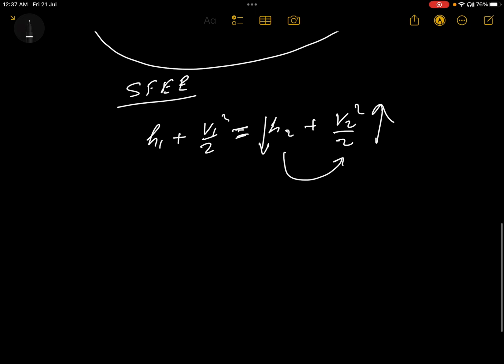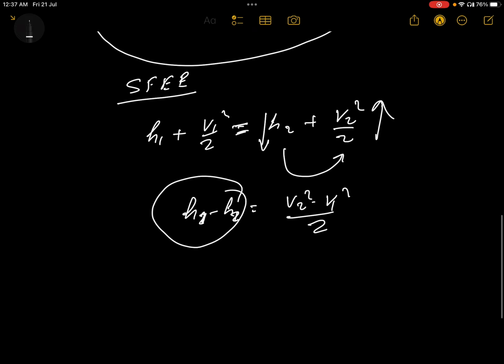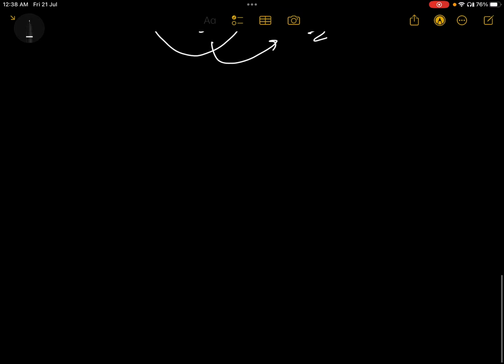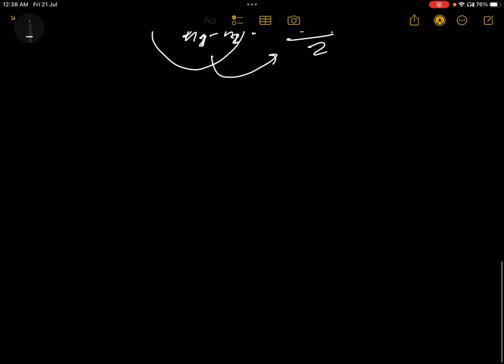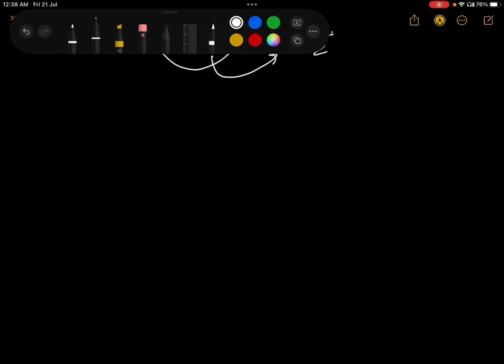We can calculate that H1 minus H2 is equal to V2 square minus V1 square by 2. Whatever the reduction of enthalpy is, that is converted into kinetic energy. So simple. The important point is how we can understand it graphically.